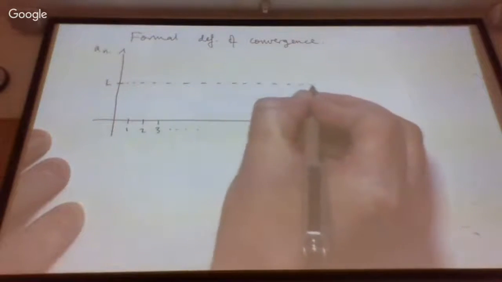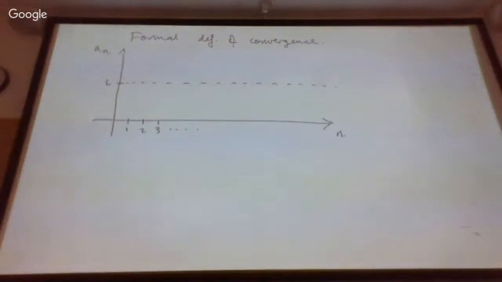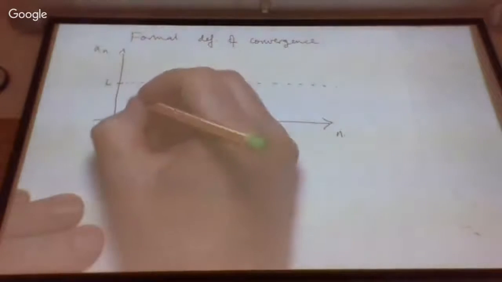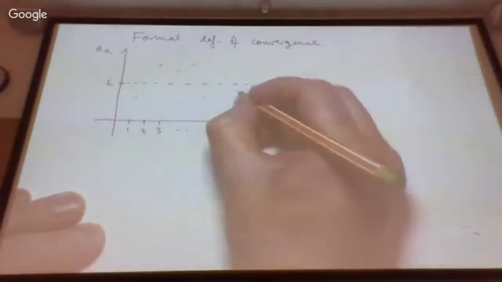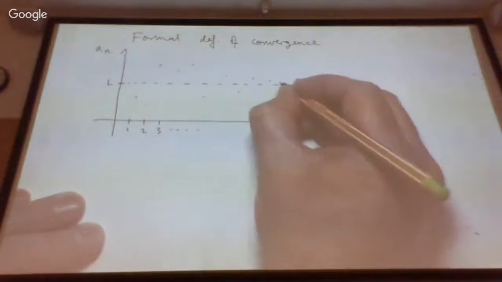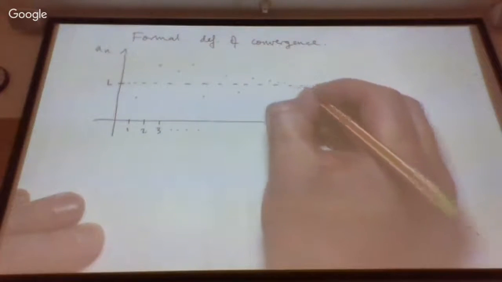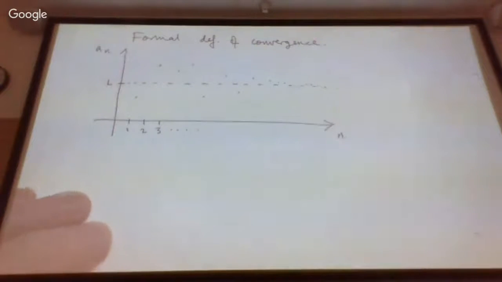So L is supposed to be the limit of our sequence. Our sequence is converging to L, but of course it might be wandering around the page, doing all sorts of things, but we want to see it settle down and get closer and closer to the limit. So what the formal definition is saying is for every value of epsilon.